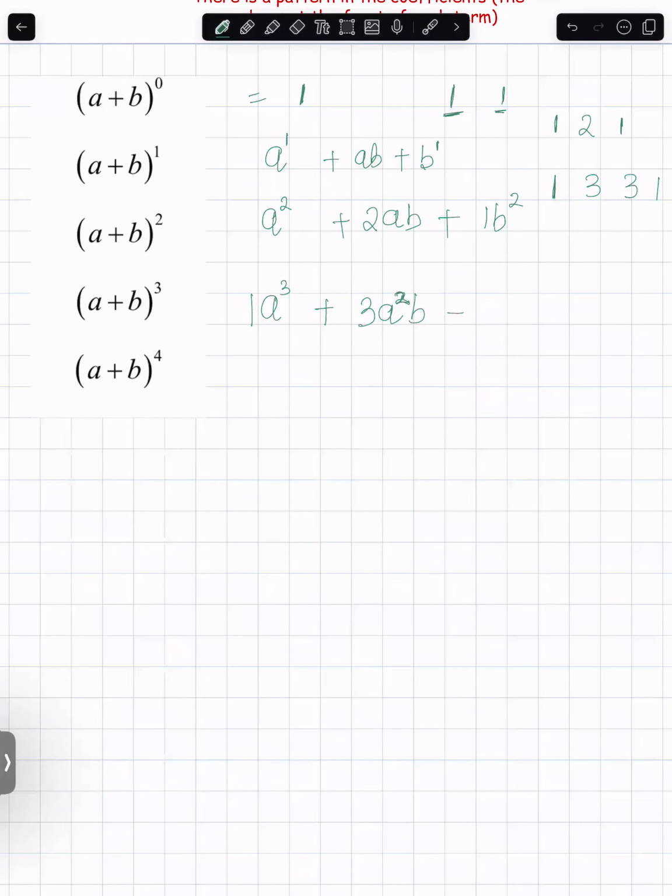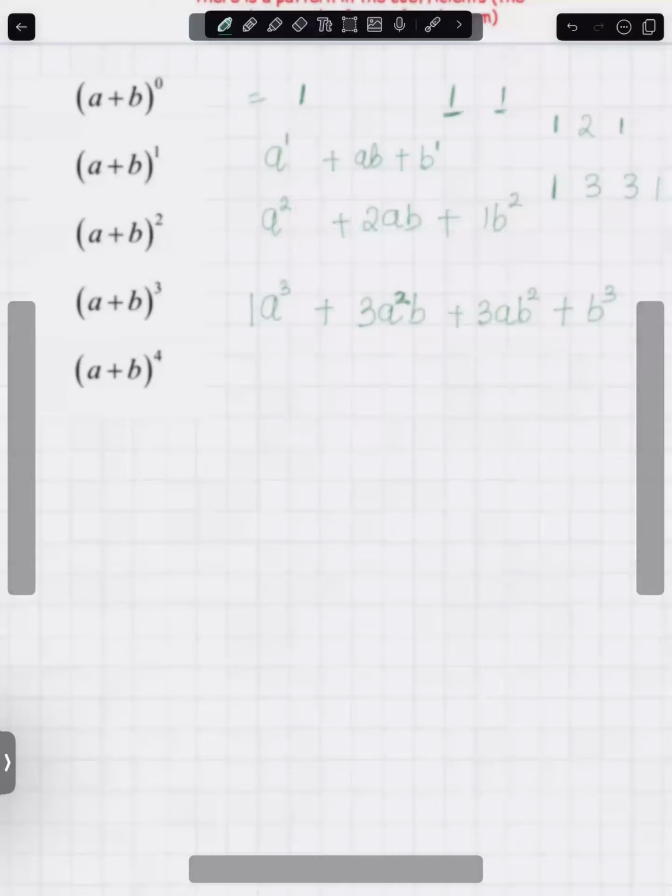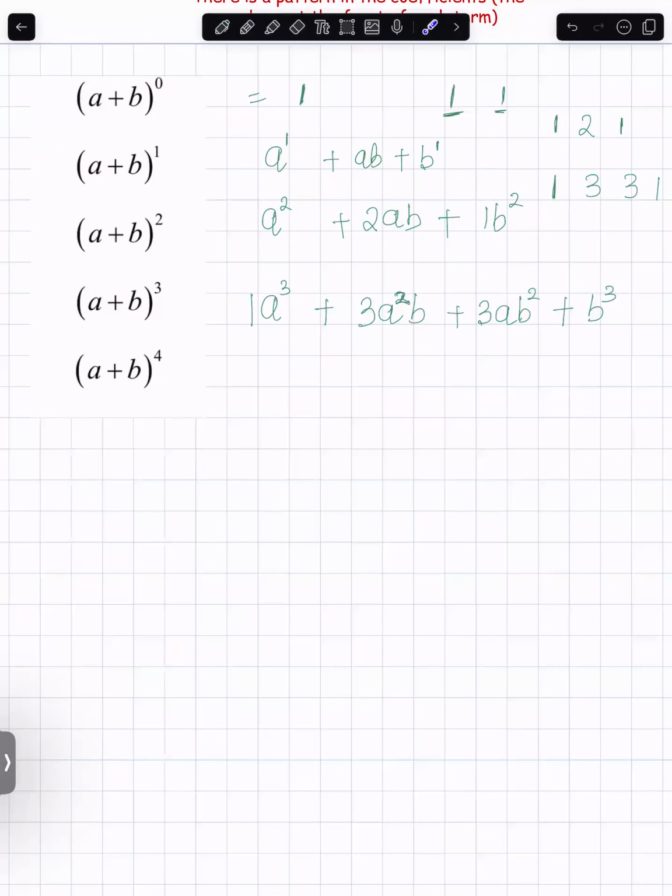Then plus 3a, 2 becomes 1, and your b becomes squared. Then the last will be your b cubed. Please take note of the peculiarity between the first and the last. The first is just a raised to this power, and the last term will be b raised to this power. So it's just a simple logic for you to use.